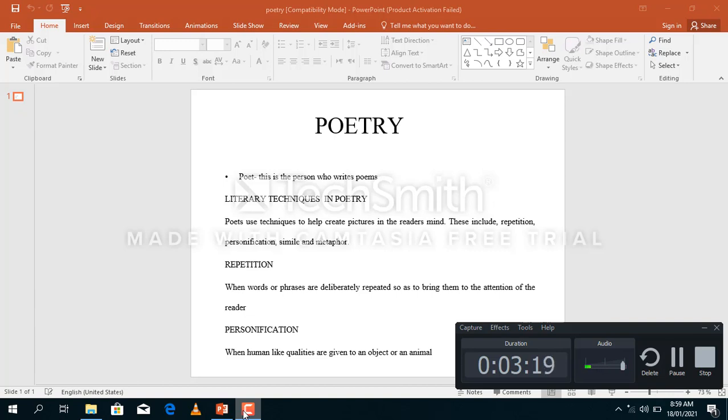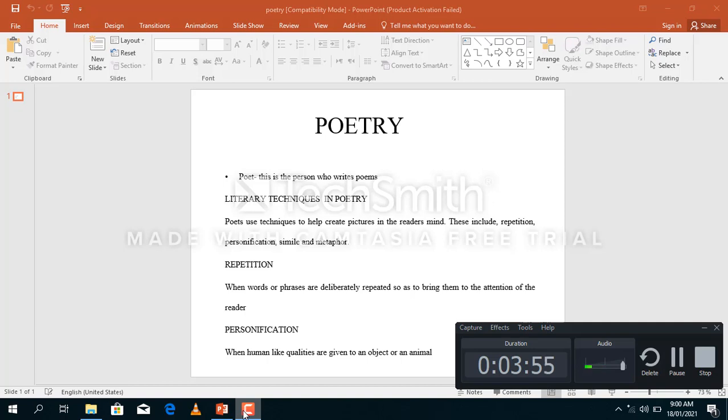Down there, the last line of the poem's title is Silver. By silver reeds in a silver stream. You see that the word silver has been repeated. So that is what we call repetition. They have deliberately repeated the word silver. This is to bring it to your attention. They have emphasized the word silver.